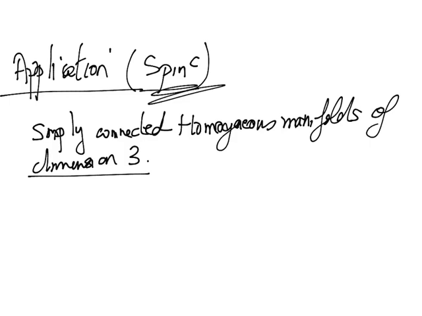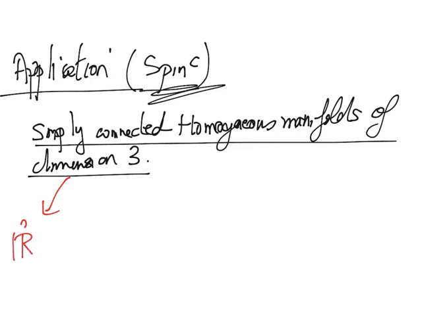We already know a complete classification of simply connected homogeneous manifolds of dimension 3. First of all, we have the space forms. So we have R3, the sphere of dimension 3, and the hyperbolic space of dimension 3.